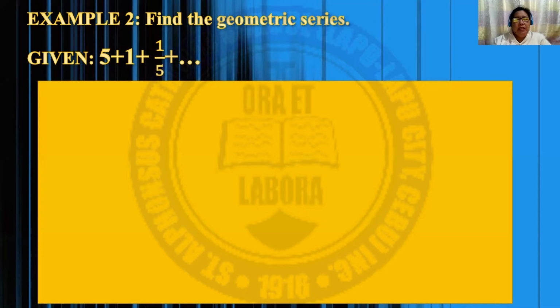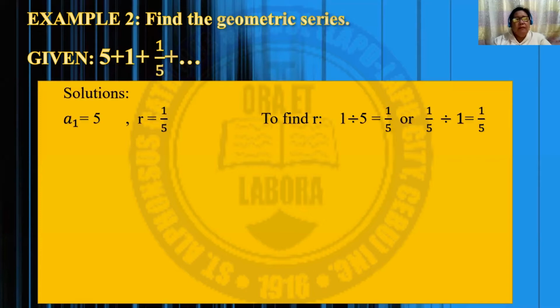Find the geometric series given 5 plus 1 plus 1/5 and so on. For the solution, a sub 1 is 5. The common ratio is 1/5. You can have the second term divided by 5, which is 1/5, or 1/5 divided by 1, which is also 1/5.